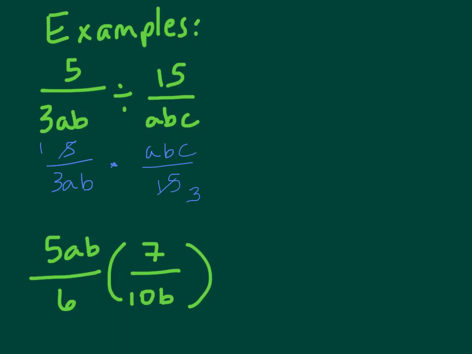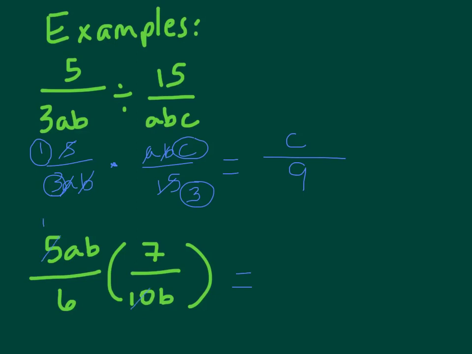And then say, well, there's a factor of an A here, and there's a factor of an A here. So let me cancel my A's. I can also cancel a B because they both have a factor of a B. And then I multiply, so I have left over 1 times C, which is C, and I have 3 times 3, which is 9.